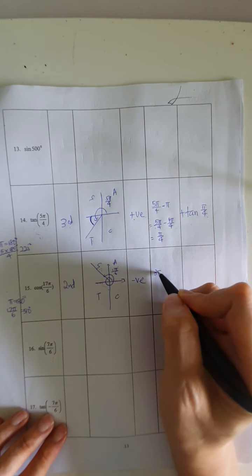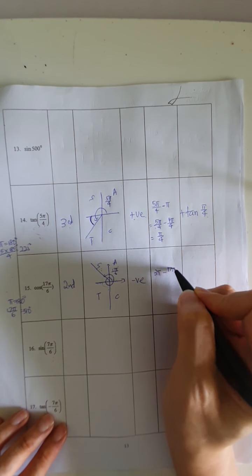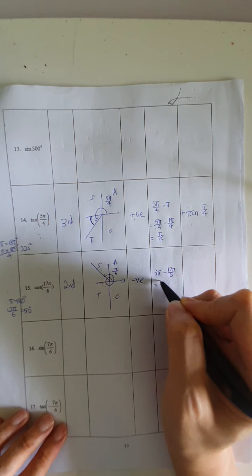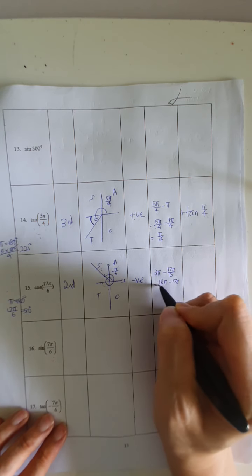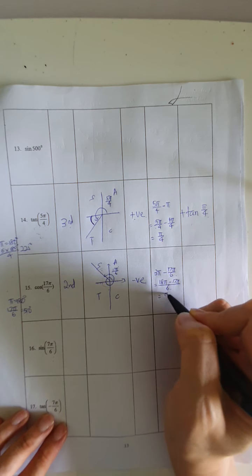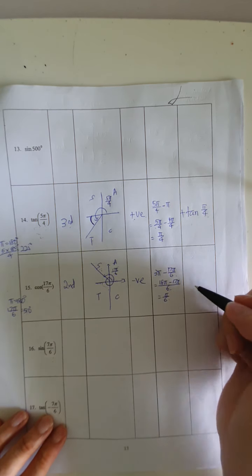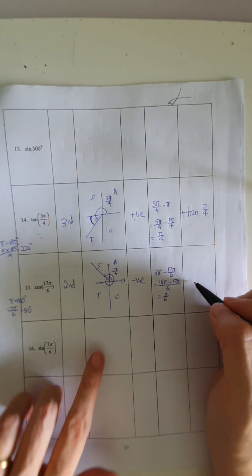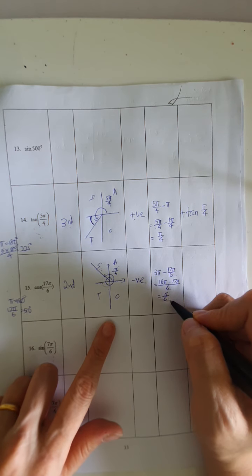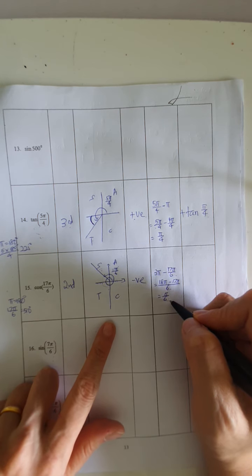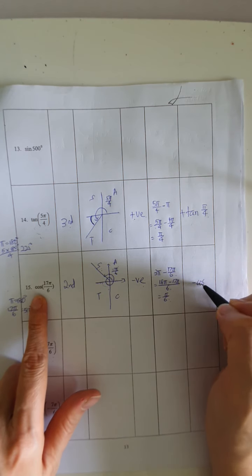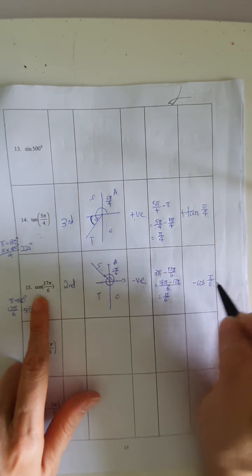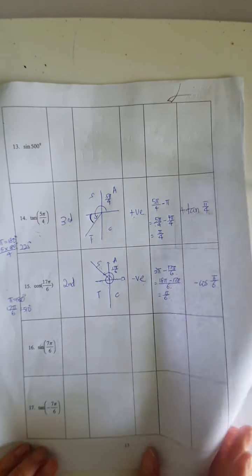So 3 pi minus 17 pi over 6, so that is 18 pi minus 17 pi over 6, which is pi over 6. So my basic angle is pi over 6, which is actually 30 degrees. This is negative, so negative of cosine pi over 6. And I leave the rest for you to do for homework.